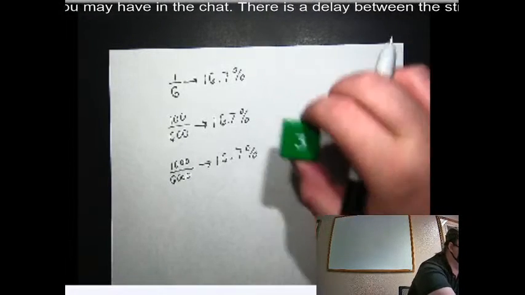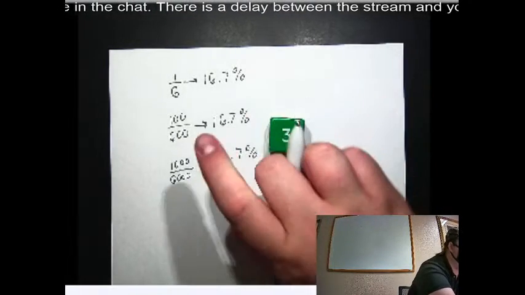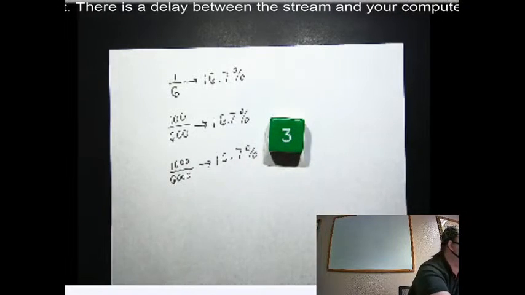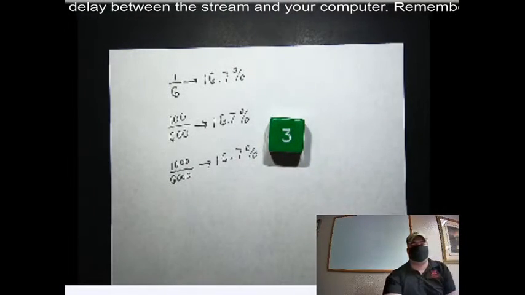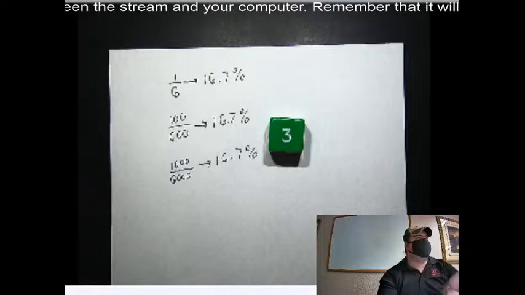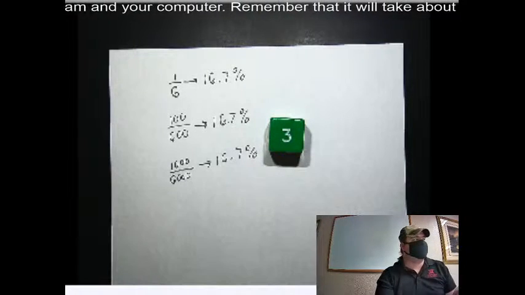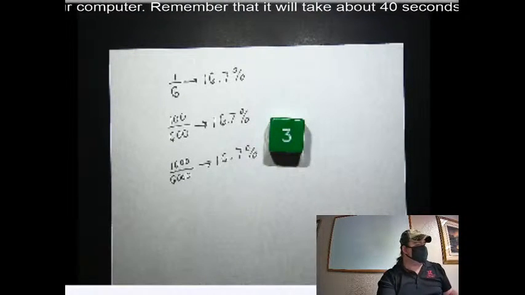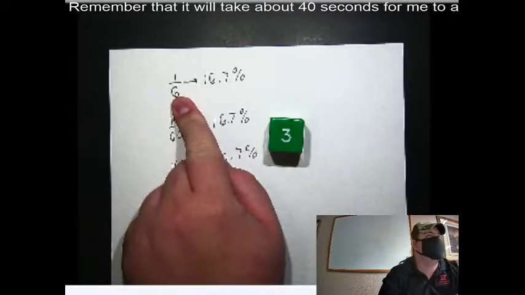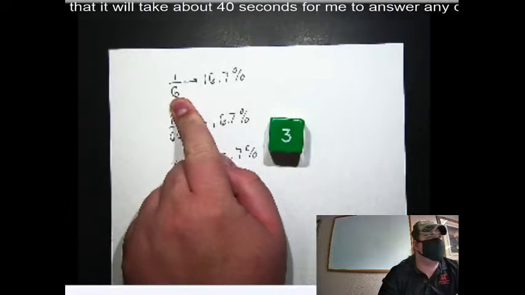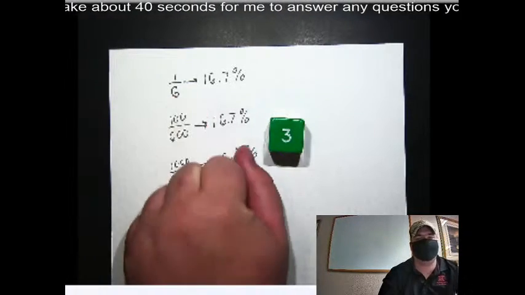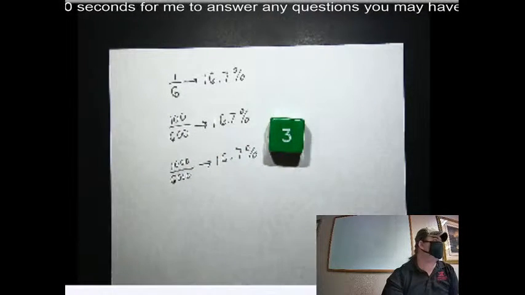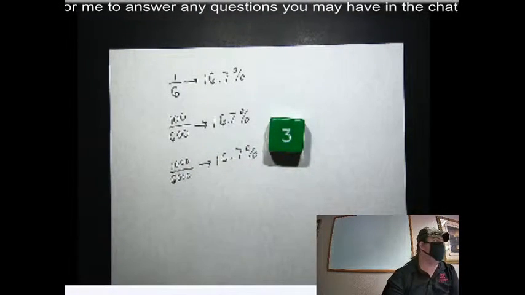It just means that the chance of getting it is going to be about 17%. As we roll it more and more and record the results, about 1 in every 6 of those results is going to be probably a 3.